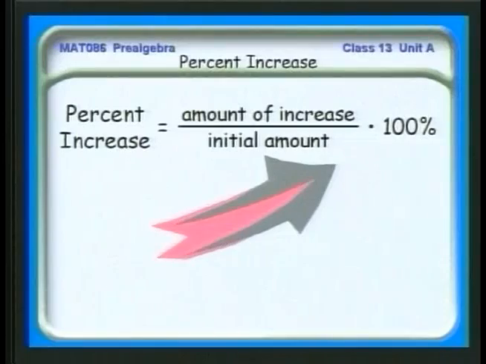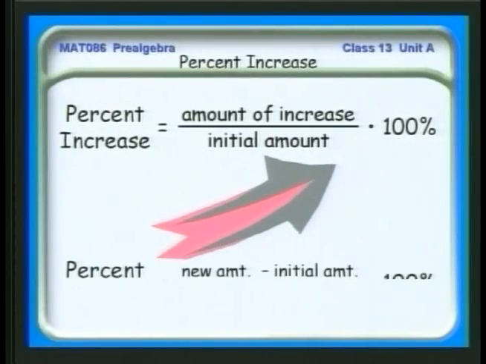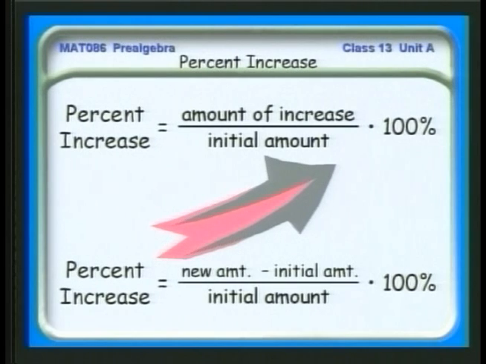Let's look at another way of talking about the amount of increase. The amount of increase is how much it's changed. In other words, you take the difference between the new amount and the initial amount, and that gives you the amount of increase.